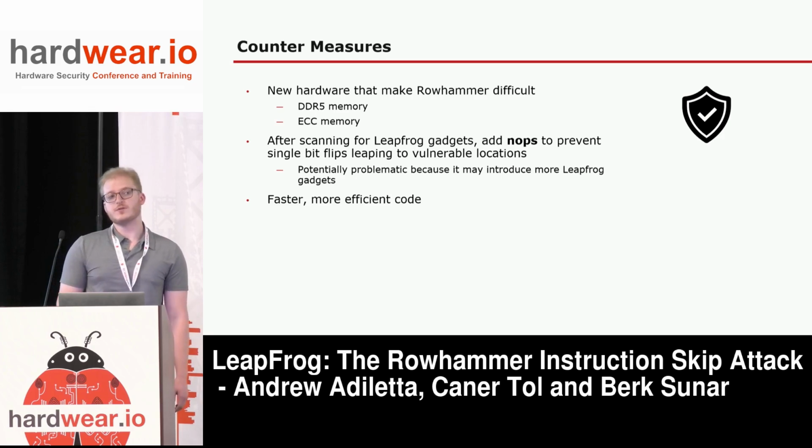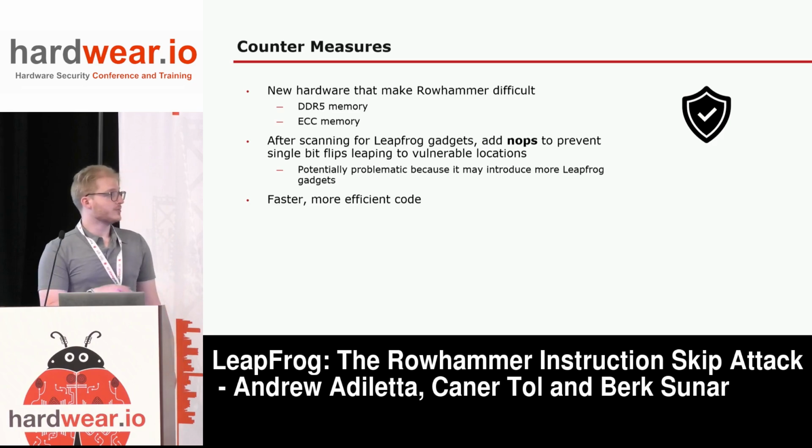For LeapFrog specifically, one thing you might think you could do, once you do the scanning and find these LeapFrog gadgets, the places where you can jump that require one bit flip, is add a no-op, which reshuffles all of the instruction addresses. That would prevent the LeapFrog jump because now you need to flip 2 bits instead of 1.